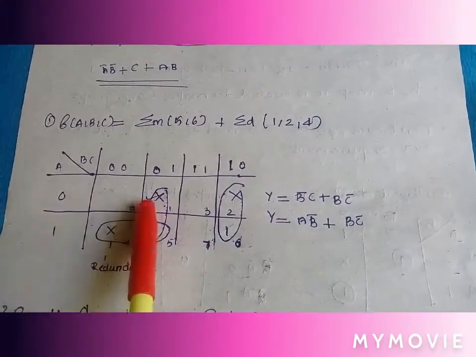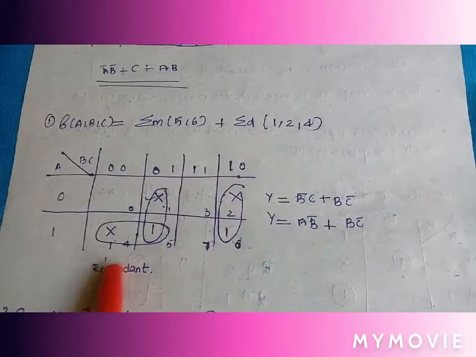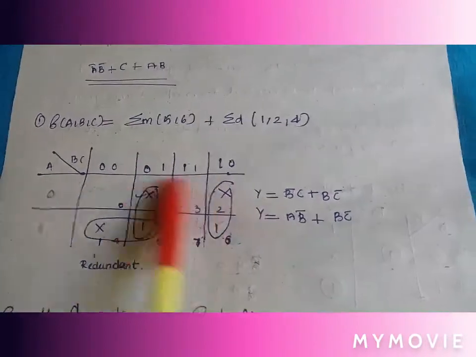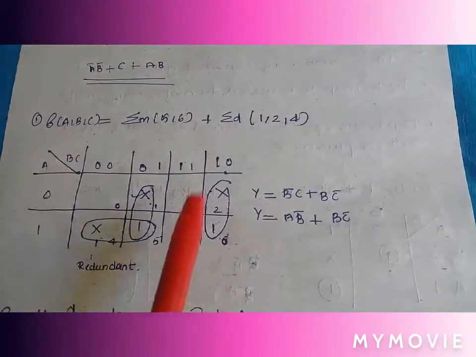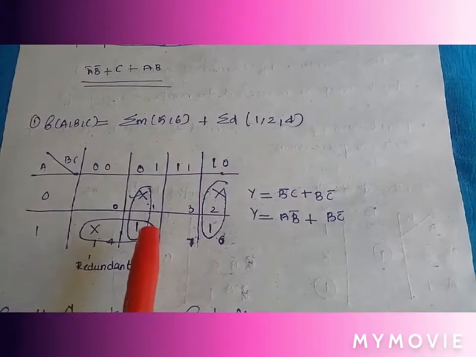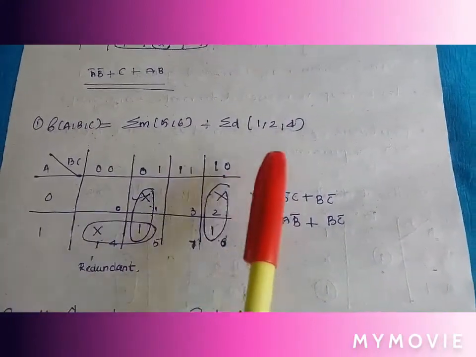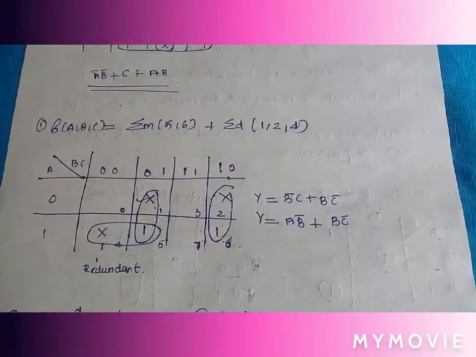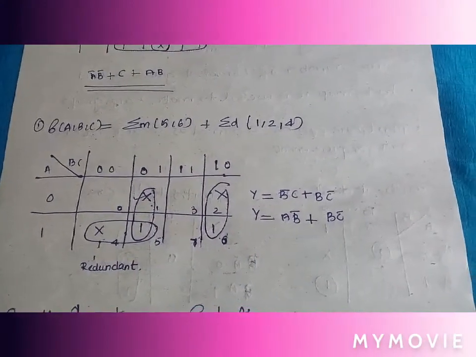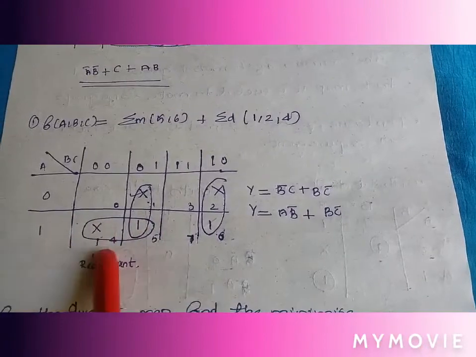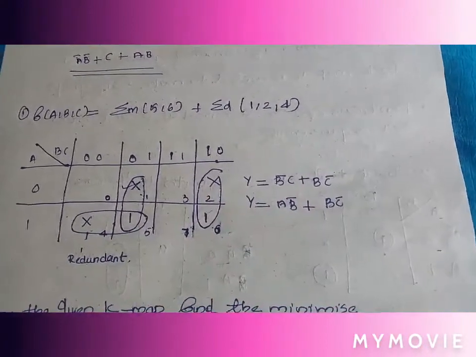So we know that 0, 1, 3, 2, 4, 5, 7, 6 are the numbers for each cell. So 5, 6 represent 1, and 1, 2, 4 represent the don't care condition, and we can pair by using don't care condition. So here is a pair, here also a pair.